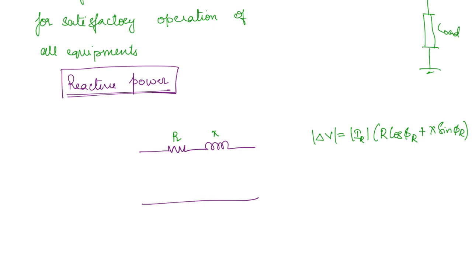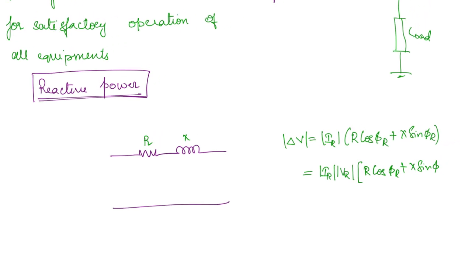Now this expression you can multiply and divide by the receiving end voltage, then you are going to get this expression divided by mod VR. Now what is IR VR cos phi R?